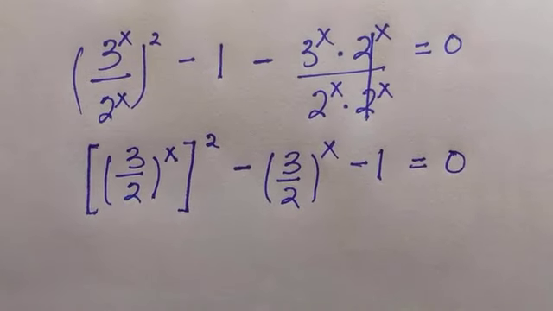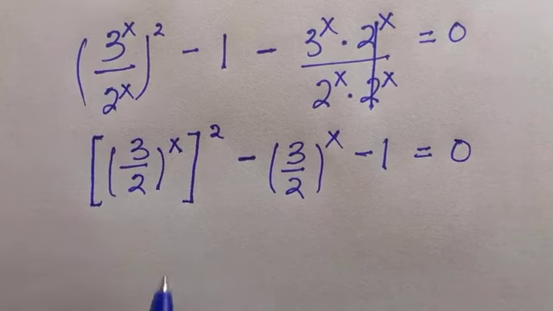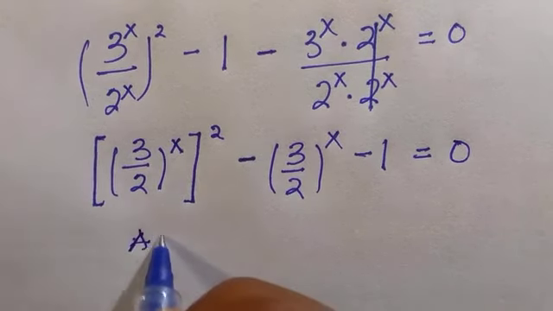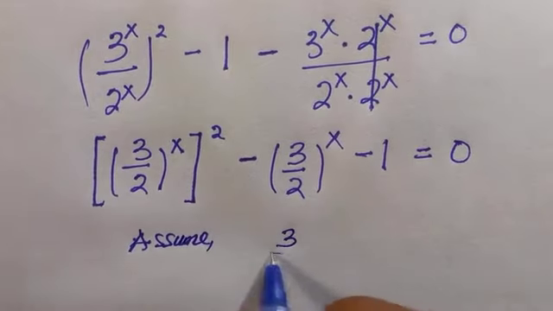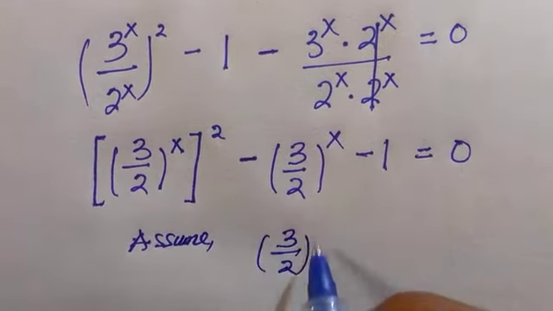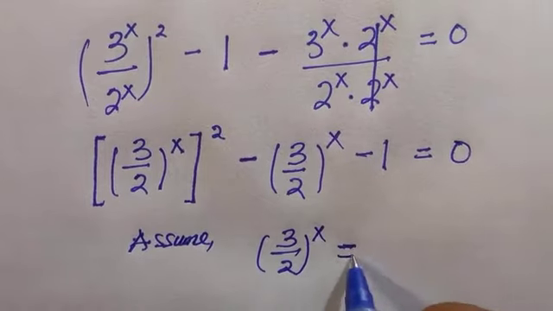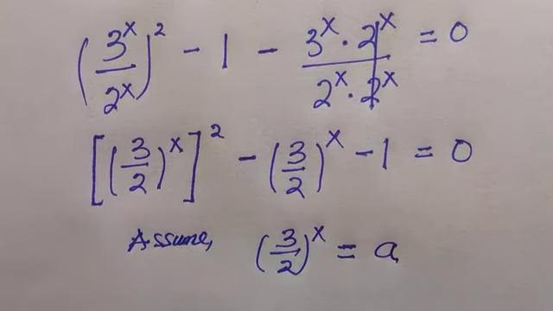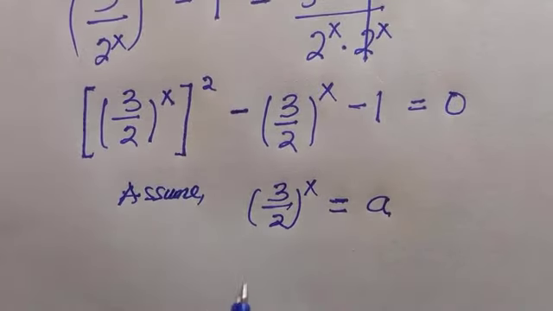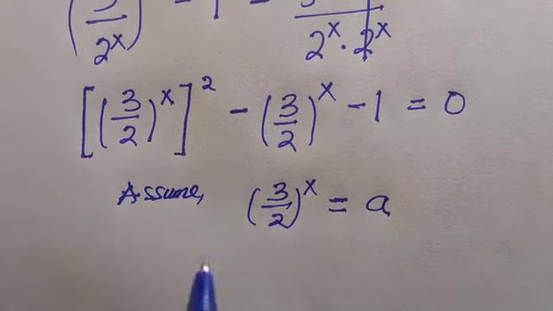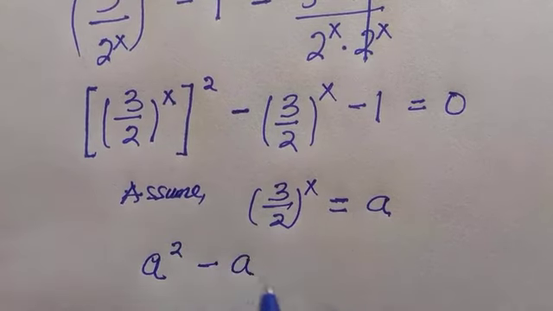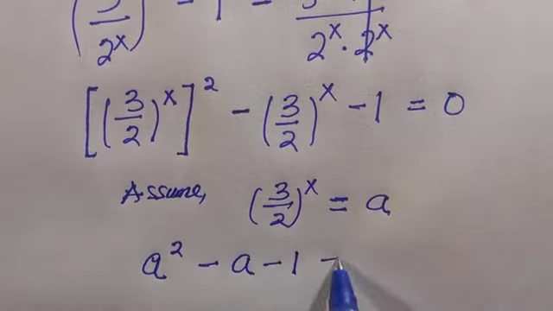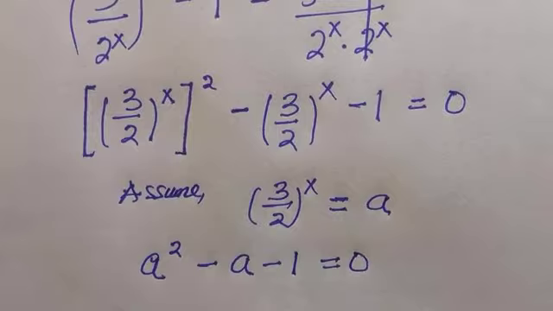The next thing we are going to do is, since we have 3 over 2 all raised to power x, we are going to let it be a letter. Assume I choose letter a, where 3 over 2 raised to power x equals a. Anywhere I see this, we replace it with a. So here we have a raised to power 2 minus a minus 1 equals 0.